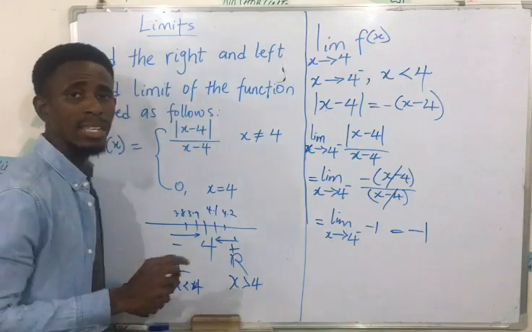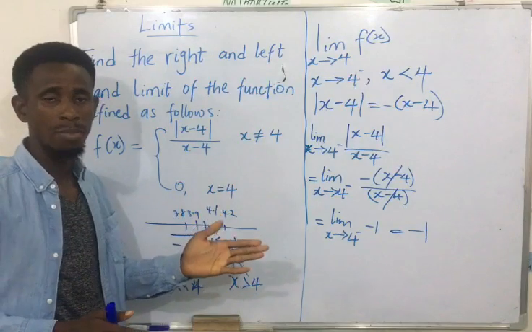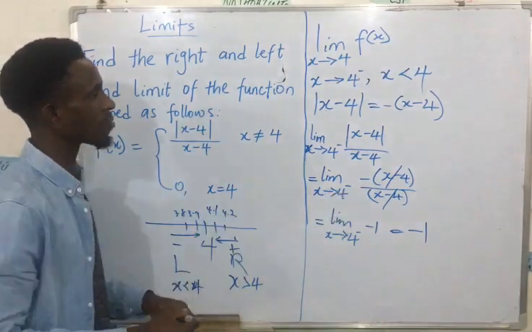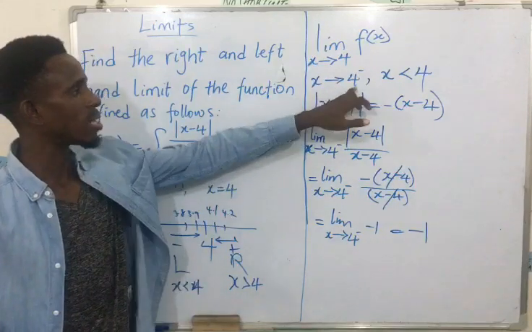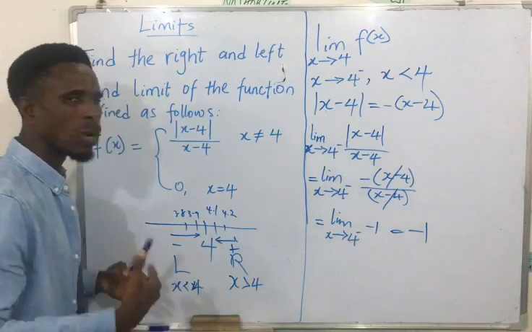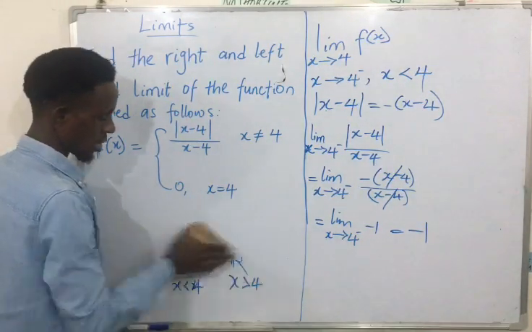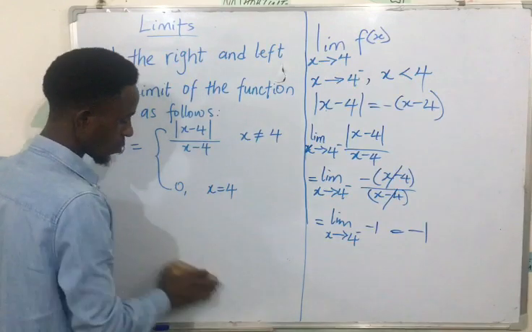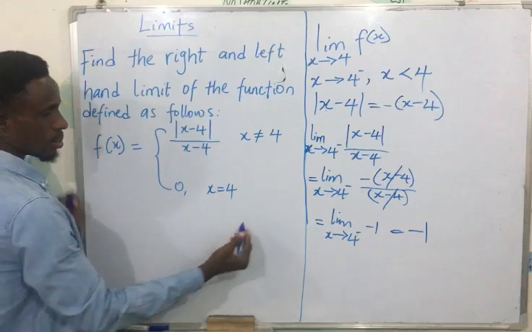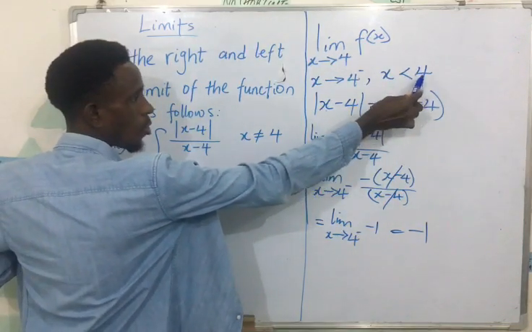And remember I said a limit is in existence only if the left hand limit is equal to the right hand limit. So I've got my left hand limit because this is when it gets to minus. Then let me see what I am going to get for my right hand limit. So let me clean this off. For the right hand limit, you know that my x is less than 4 for the left hand.